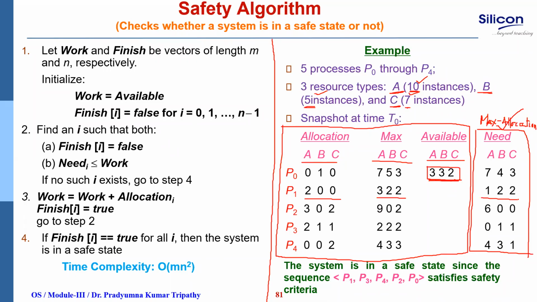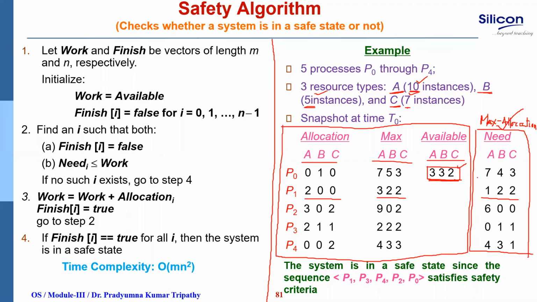Now suppose currently I have 332 available. With 332, can I satisfy P0? With the available resource of 332, can I satisfy P0? P0, what is the need? 743.